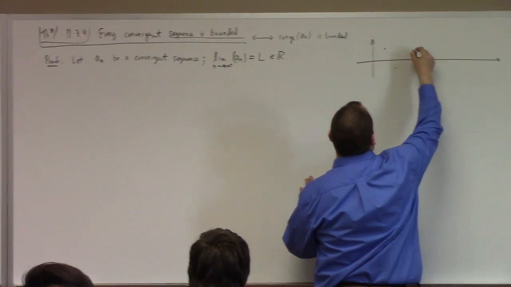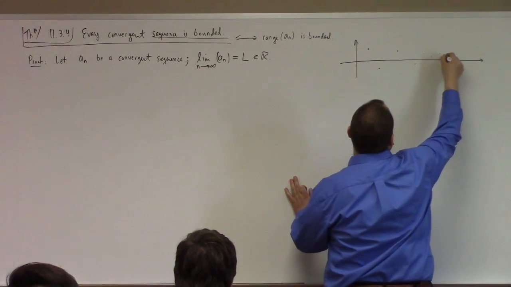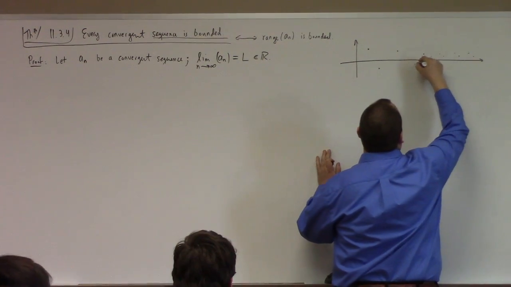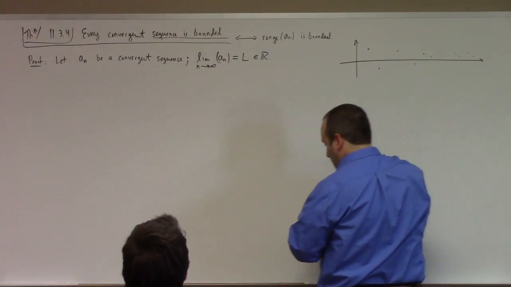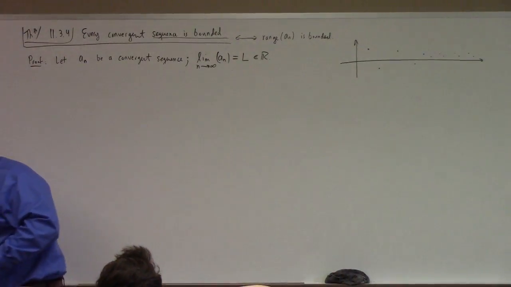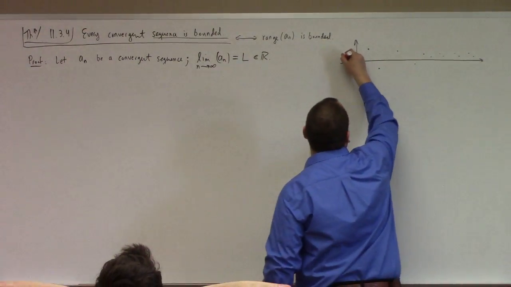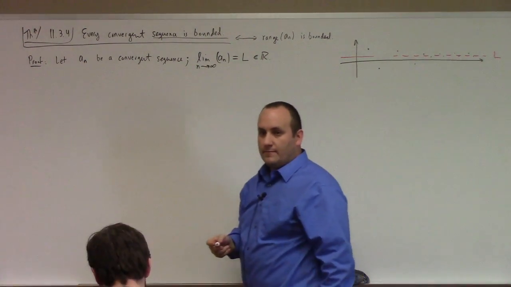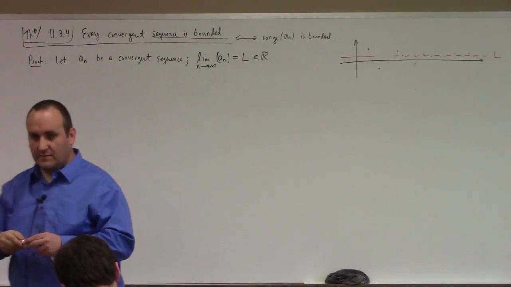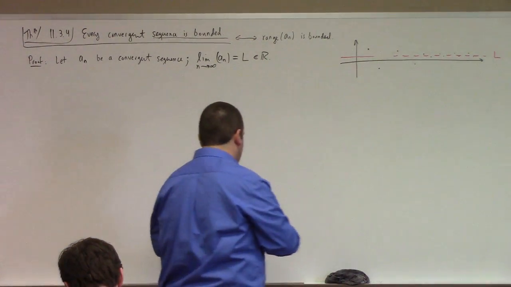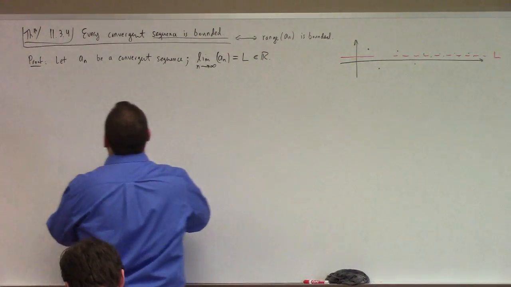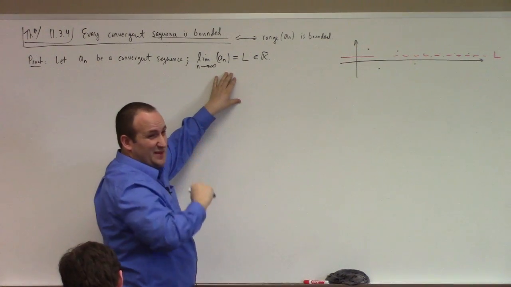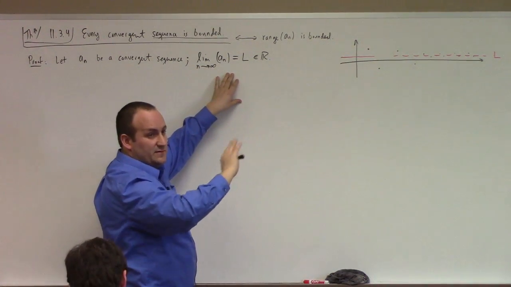So here are some not very equally spaced sequence points, but the point is they're limiting to some value L. For each epsilon greater than 0, you can make the tail of the sequence fit within an epsilon band if you go far enough out.